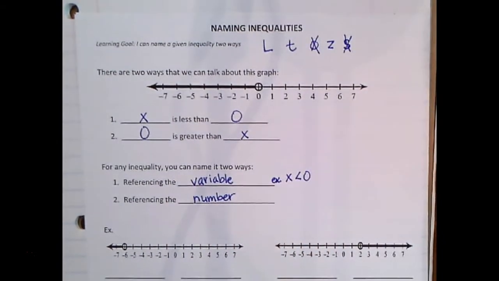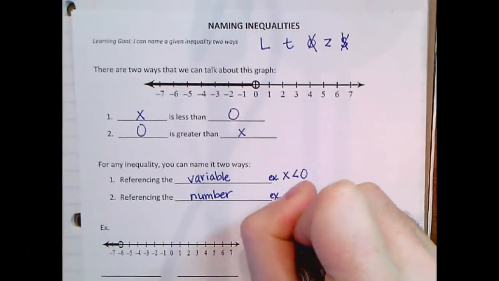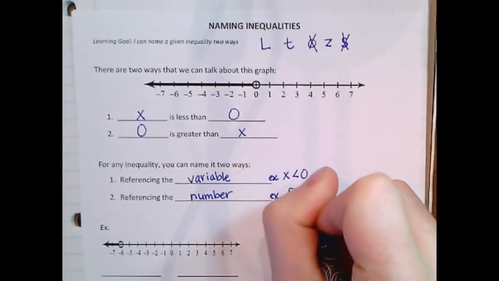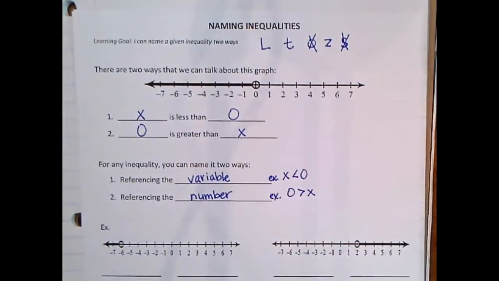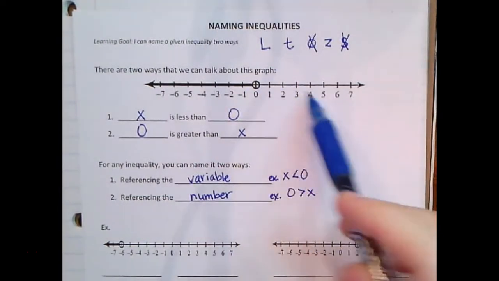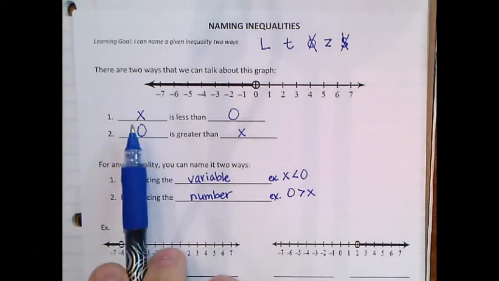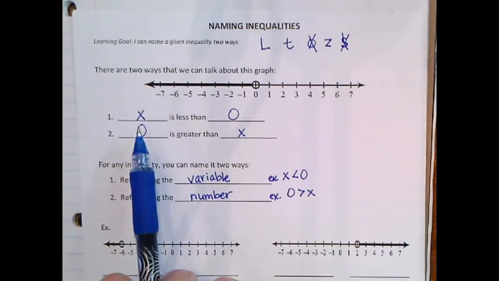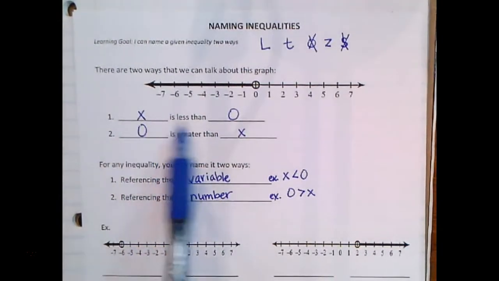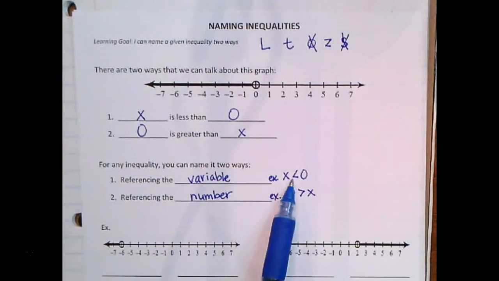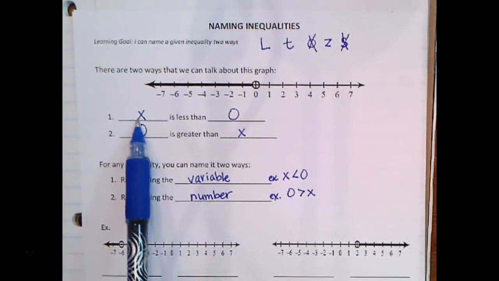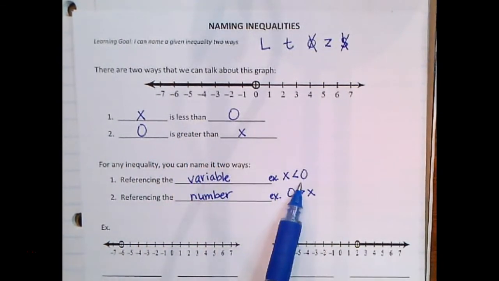An example of referencing the number is 0 is greater than X. Those are the two ways we can write that inequality. And remember from day one, our intro to inequalities, you can use the words to create the algebra part of it: X is less than 0, right there, or 0 is greater than X, right there.